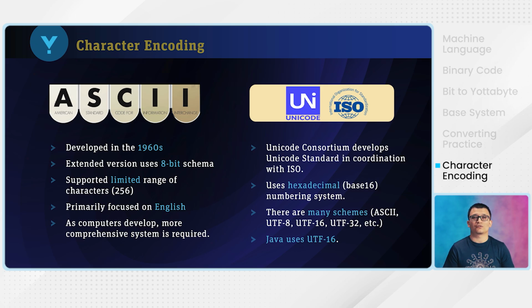Unicode is also a character encoding. It is a character encoding standard that aims to support all languages, not only English, and all the characters that are used worldwide. It assigns a unique numeric value to each character, including characters from different scripts, symbols, emojis, and many more.